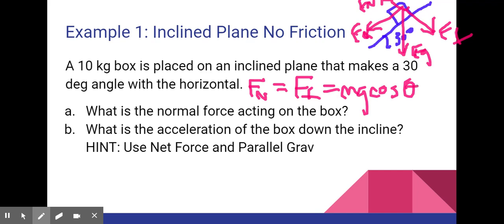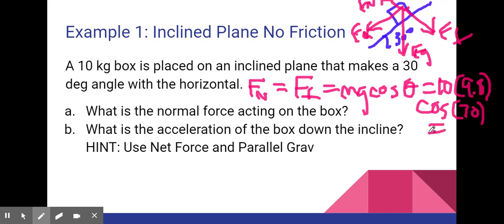Okay, so finding the normal force, we can just do the mass, which is 10 kilograms, times 9.8 meters per second squared, which is our acceleration due to gravity, times the cosine of 30 degrees. And that gets us a normal force of 85 newtons. So that's our answer for A, 85 newtons.